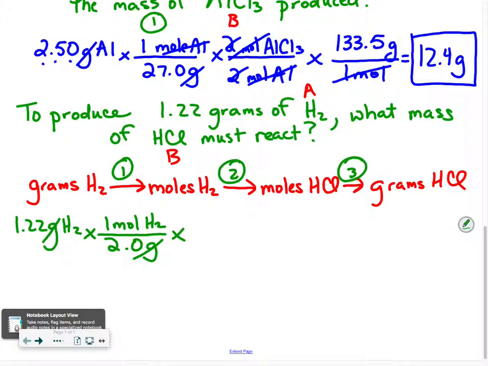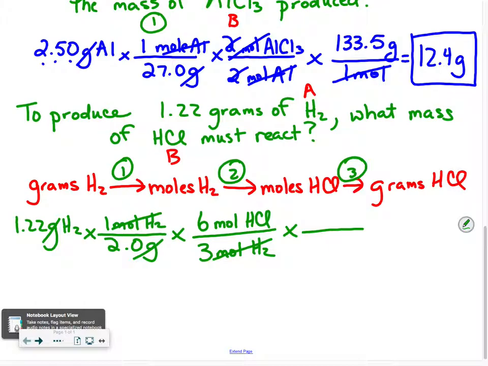Step 2. Moles to moles. Moles of A to moles of B. What do I need? Megan? Put 6 moles of HCl on the top. Yep. What on the bottom? 3 moles of H2. Good. Cancel moles of H2. And then my last step is going from moles of HCl to grams of HCl.